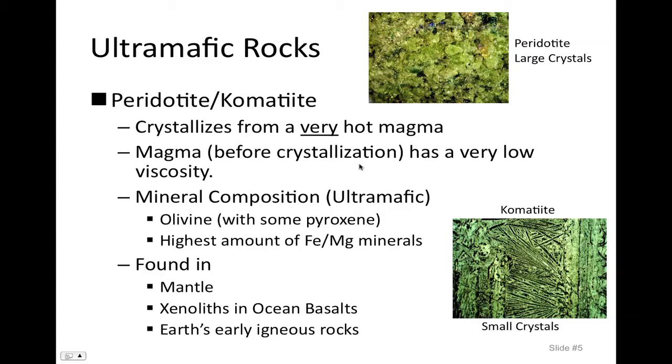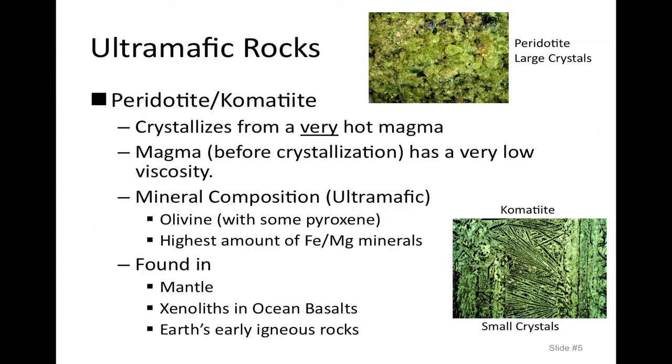Well before that magma can make it to the surface, it's already crystallized at depth. And today the mantle is just made of that at depth without much liquid down there. The magma is going to obviously have a very low viscosity. Remember, viscosity is the resistance to flow. So if you've got a low viscosity, that means you have a low resistance to flow, which equates to a very fluid material as a liquid.